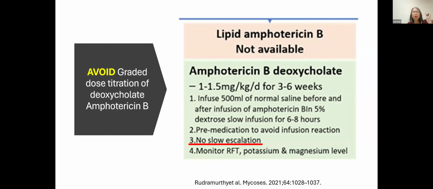You have to make sure that you hydrate the patient properly and avoid other concomitant nephrotoxic drugs. So the guideline does not recommend slow escalation dose or graded dose titration of the deoxycholate amphotericin B, even though patients have renal impairment.